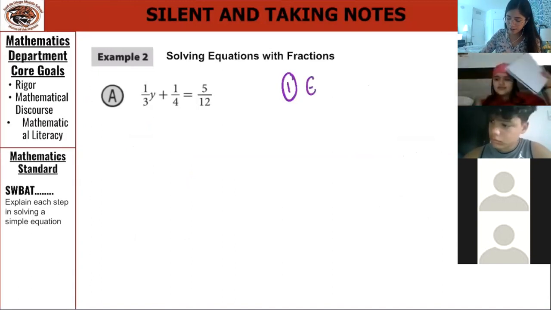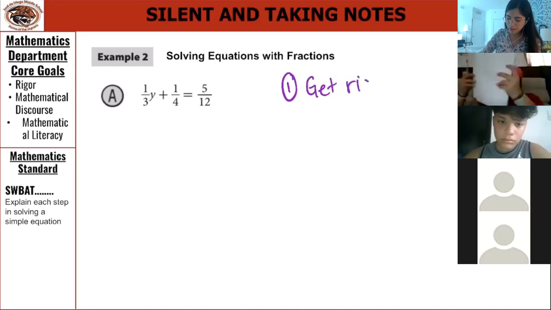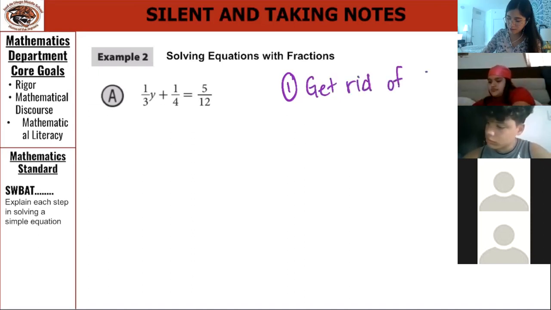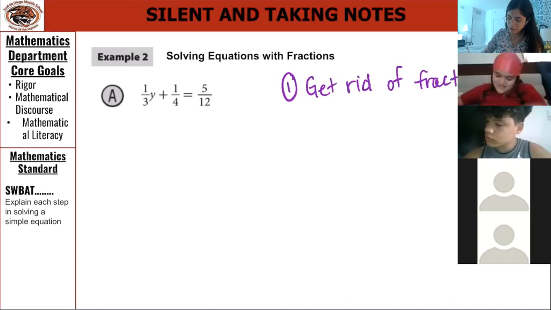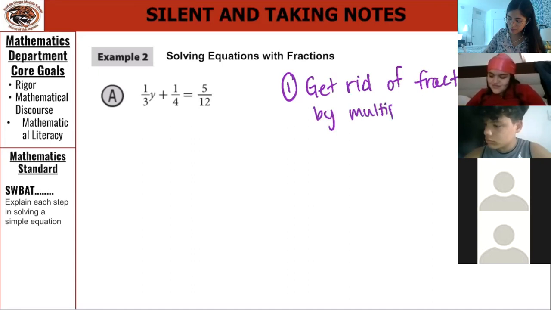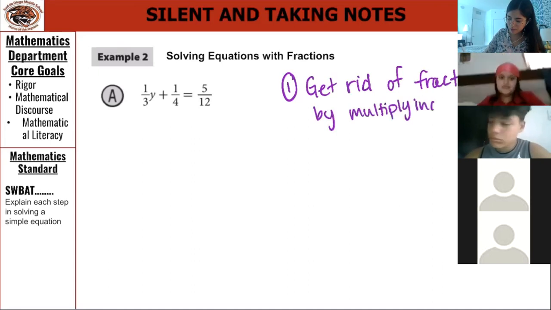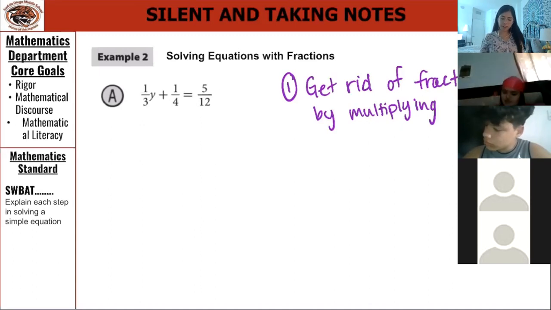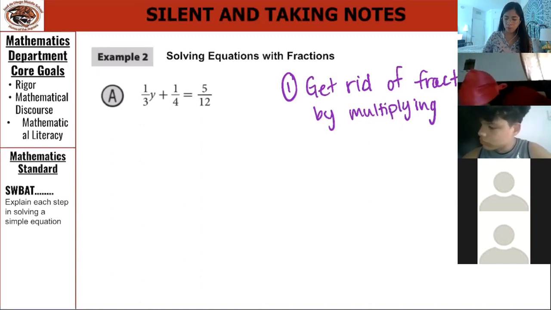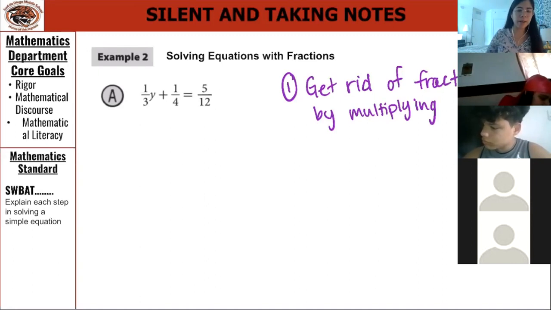So I'm going to write: get rid of fractions by multiplying. Okay. So what does that mean? Let's take a look at each of my fractions. I have 1/3, 1/4, and 5/12, right?